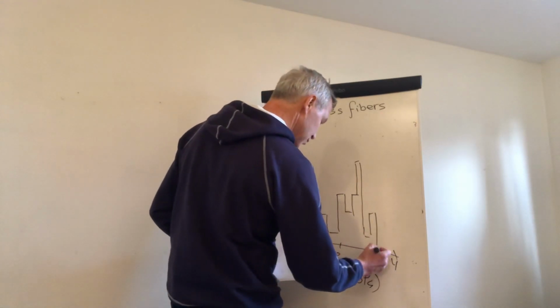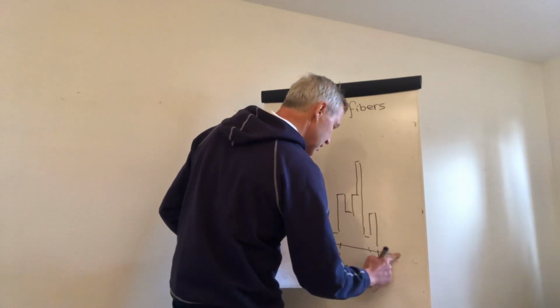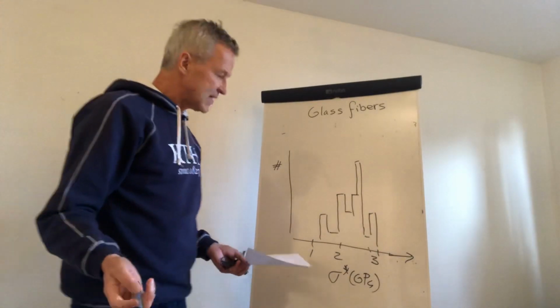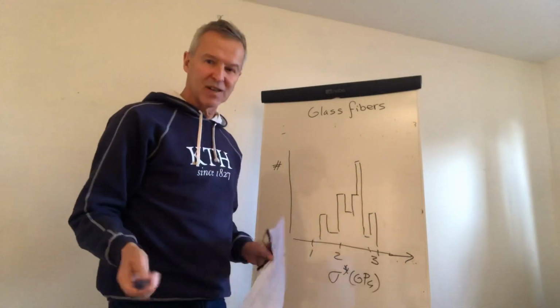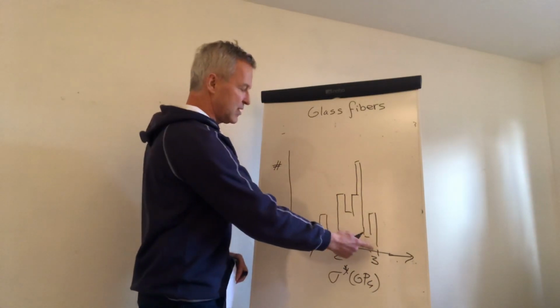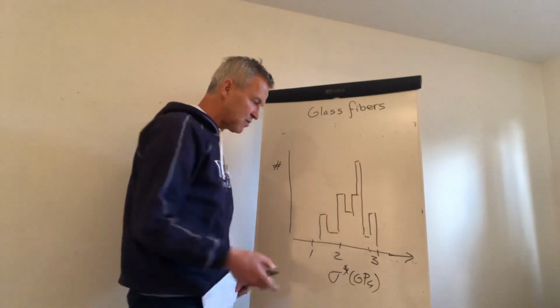So this should be something like 3 gigapascal. The point is simply that there's a lot of scattering in the data. So individual fibers may have extremely high strength, but then there are other fibers with low strength.